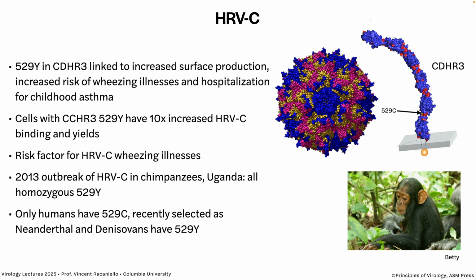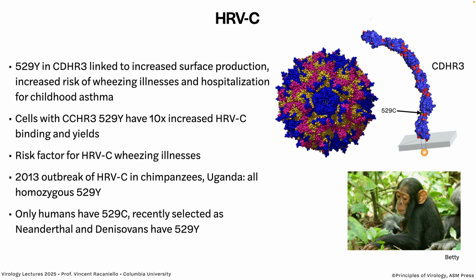Now, years ago, a single amino acid change in this protein, 529Y, was linked to increased surface production of the protein and increased risk of wheezing and hospitalization for childhood asthma. They just noticed that kids who came in for asthma had this polymorphism in this protein, which led to higher levels. Then years later, it was discovered to be the rhinovirus C receptor.